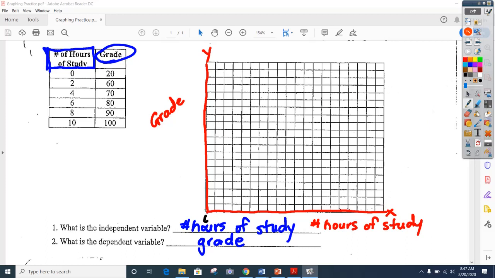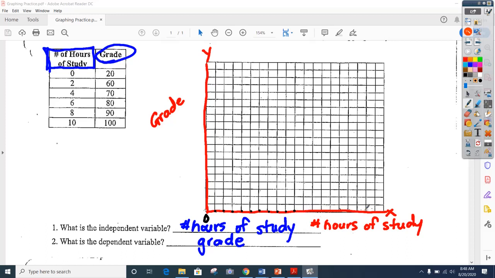I'm going to let this first line be 0 for my number of hours of study. I have to divide that from 0 to 10. So let's see, I usually start with every line representing 1 just to see if that works. So this would be 1, 2, 3, 4, 5, 6, 7, 8, 9, 10. Do you see how it looks like I can divide this up even further?